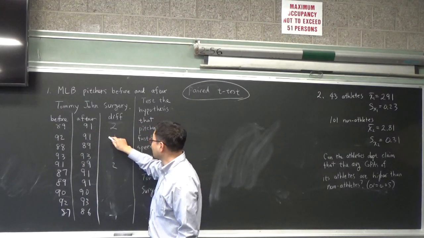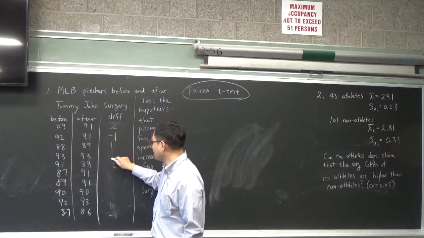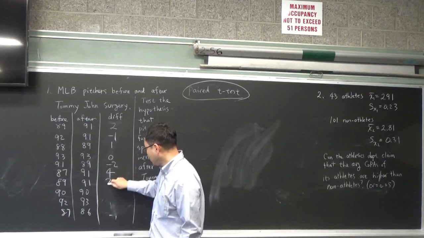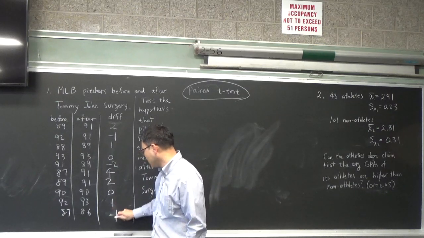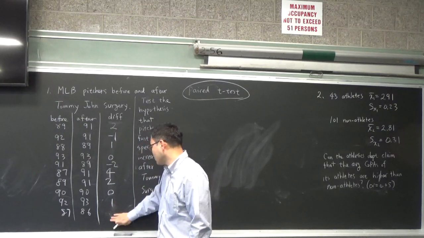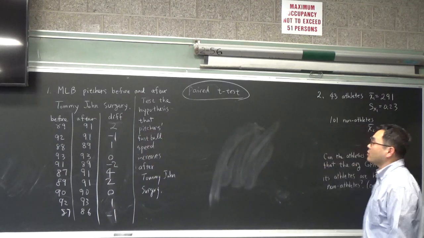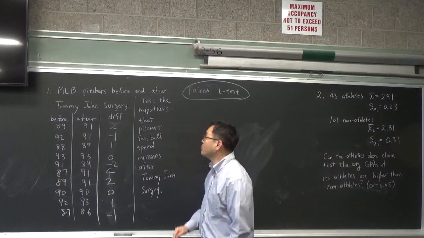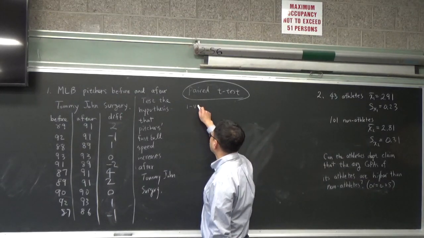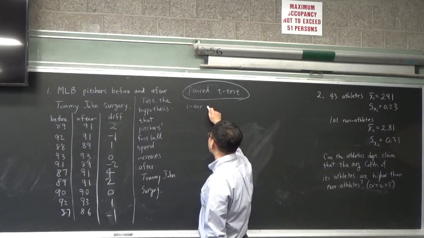So this one will be -1, this minus this is +1, this will be 0, this is -2, 4, 2, and then 0, and then 1. Okay, so type those numbers in, and go to one variable. Click stat and do one variable statistics.